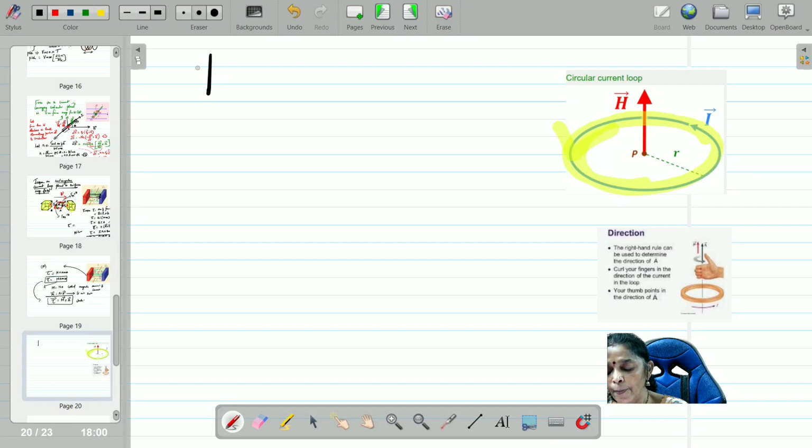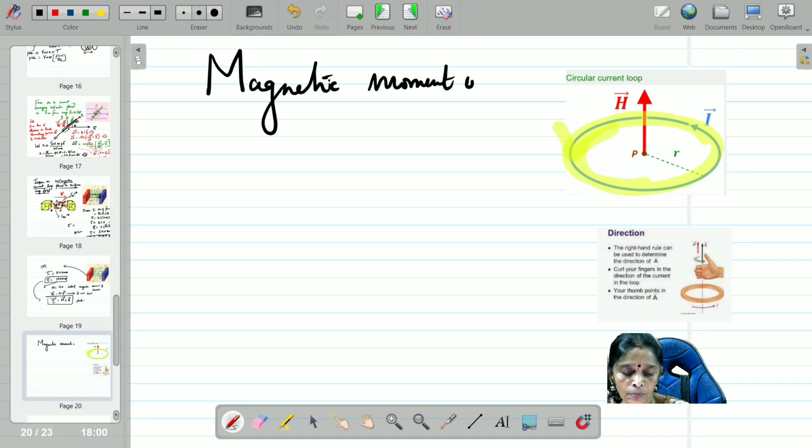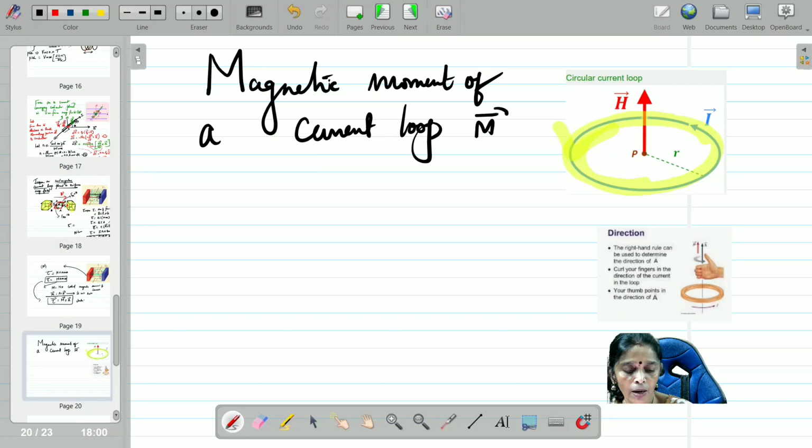So now, magnetic moment of a current loop, that is the M vector. How do you define magnetic moment?